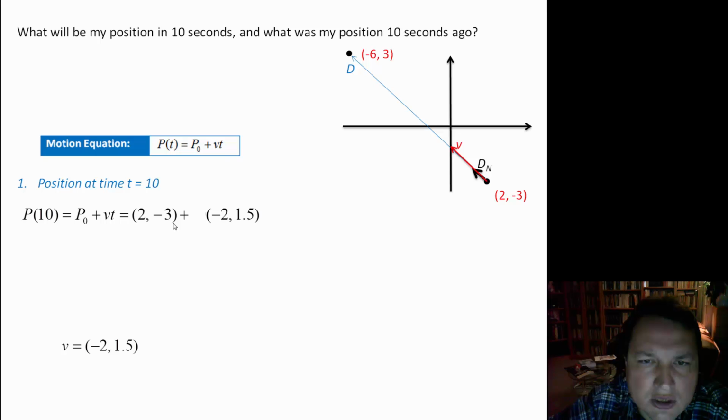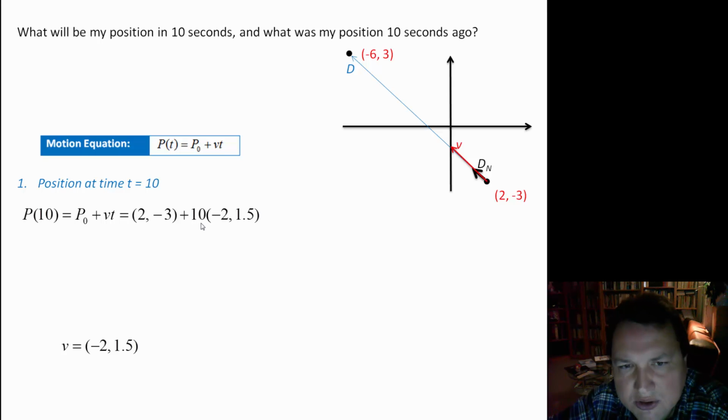And I also need the value of t, just to make this formula better looking. I put the time value here on the left side of this bracket. The time is 10. The question was about 10 seconds from now.